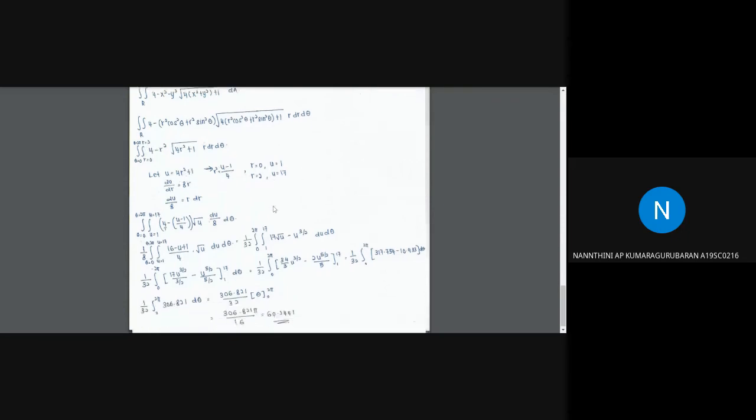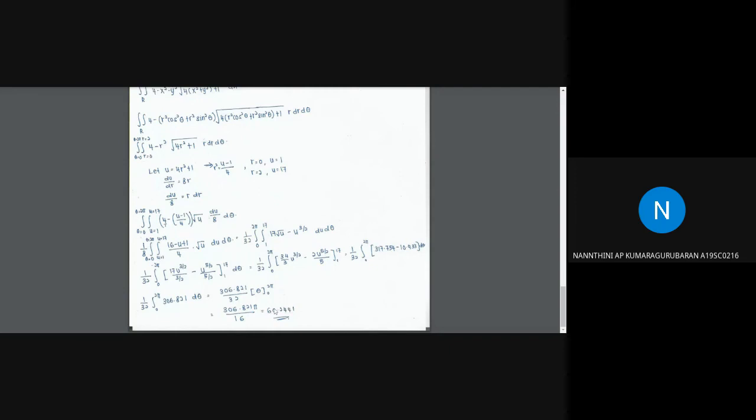Then we directly substitute over here: u equals 1 to u equals 17, and theta is the same. Then we just expand and do the integration as usual, and we get the answer 60.2441. That's it.